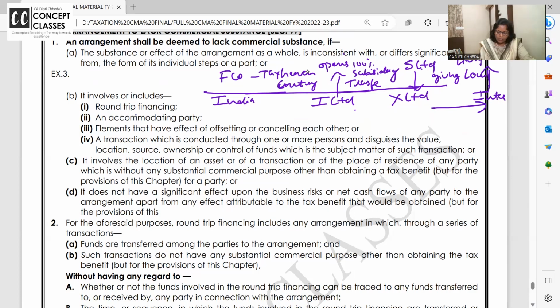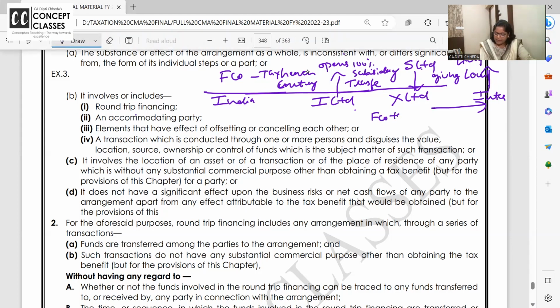It involves round tripping financing. Now this is round and round, no? I's own money is coming back and all. It involves an accommodating party, elements that have effect of offsetting or cancelling each other. कभी कभी क्या करते हैं, मार्केट से हाई रेट से इंटरेस्ट पे लोन लेते हैं, and then they give it to a sister concern in India, ऐसे भी होता है.